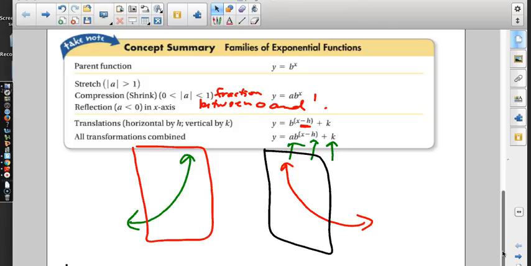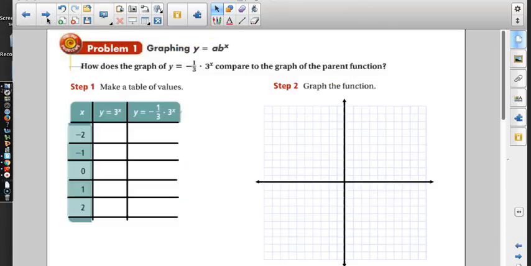So we need to know the parts that are making a difference on these graphs. And that, of course, comes from the shape. That's what we're going to use. So let's see. They jumped us right into this. It says, how does the graph of y equals negative 1/3 times 3 to the x compare to the graph of the parent function? So the first thing I do is think, okay, well, the parent function would be before there's any a on it.